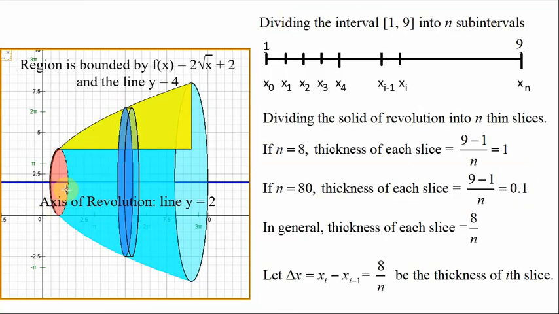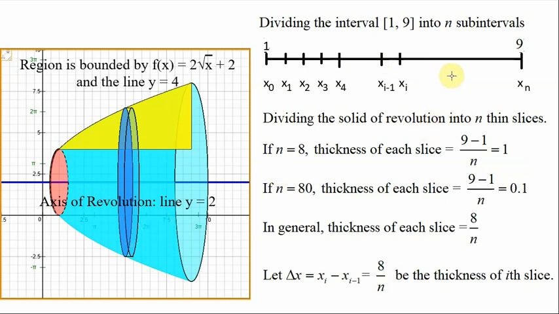The first thing I'm going to do is divide the interval from 1 to 9 into n number of sub-intervals. The first value right here, let's call it x sub 0, which is 1. Then we have x sub 1, x sub 2, x sub 3, x sub 4, and eventually we get to the ith sub-interval, which is where this ith disk comes from.